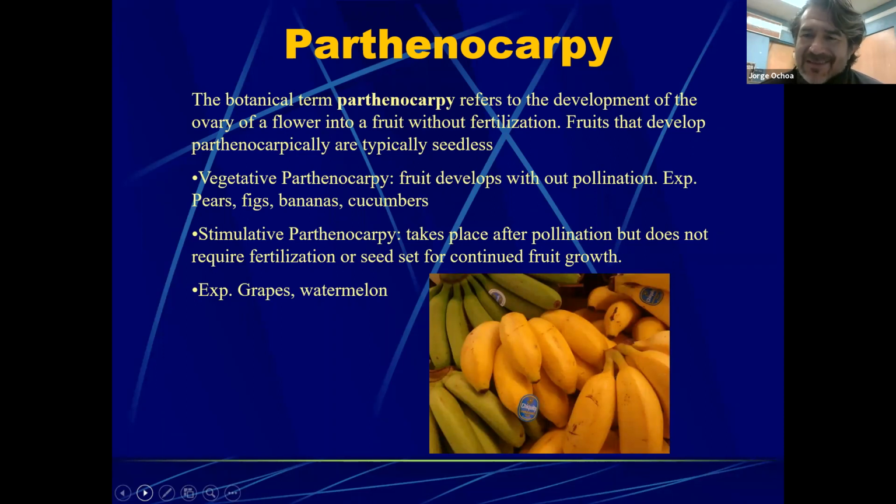Banana fruits are going to be a hybrid, and their seeds will never develop because the alleles or the genetic material is not going to pair evenly or equally. And so it's always going to have embryos that abort, and thus the plant still carries on the production of the fruit as if it has been fertilized and pollinated.